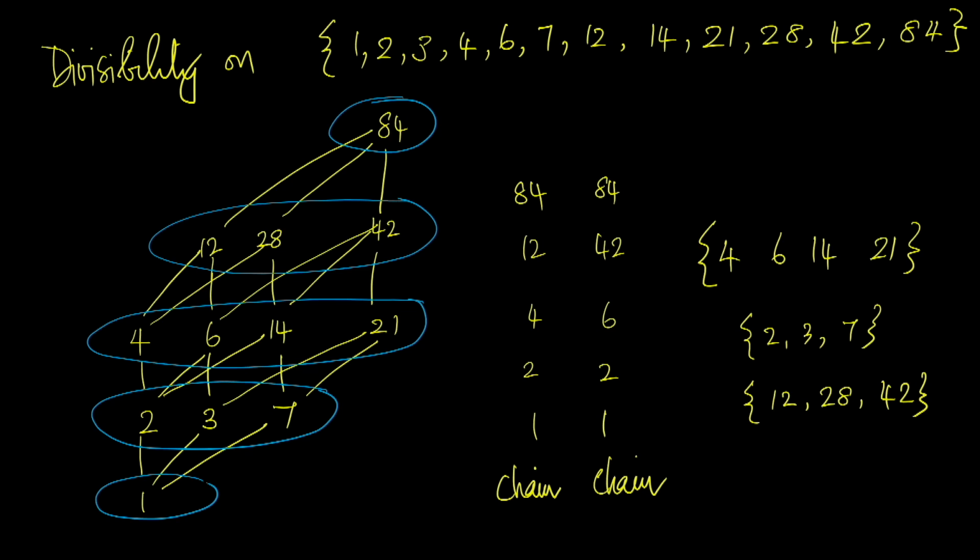So the proof is easy. I am leaving it as an exercise to you, but to give a hint, you can look at the maximal elements here. In this Hasse diagram, there is only one maximal element, which is 84. So you can take that out, then the rest of the partial order has chains of smaller length, and we can apply the statement to that inductively.